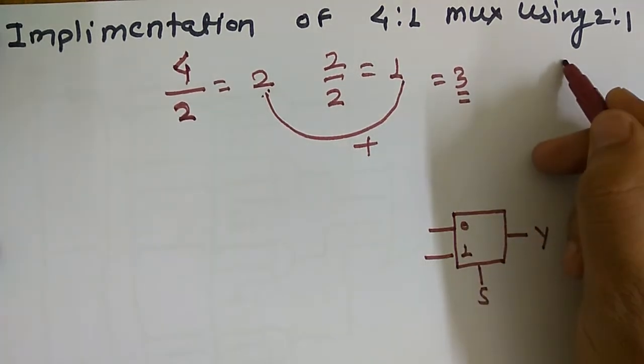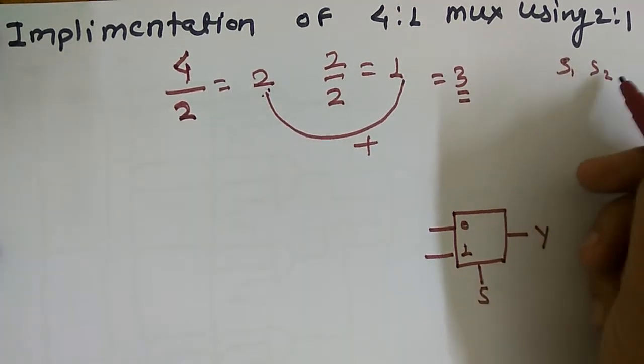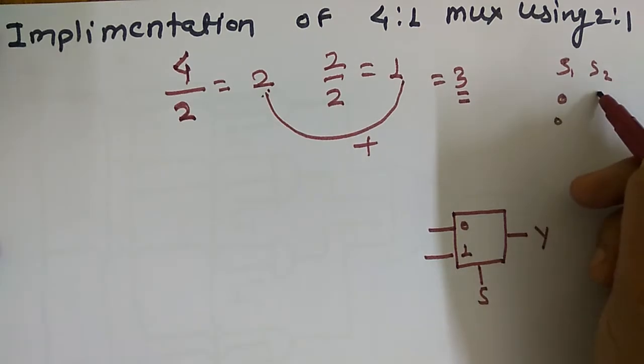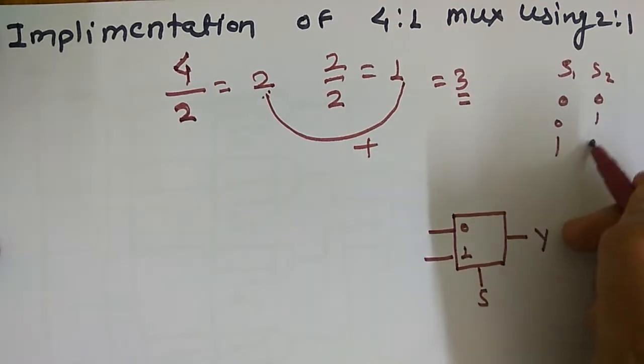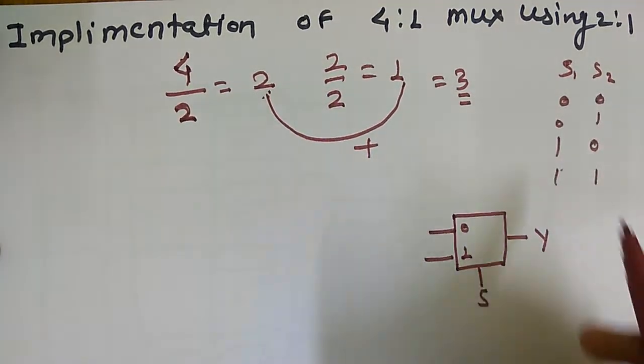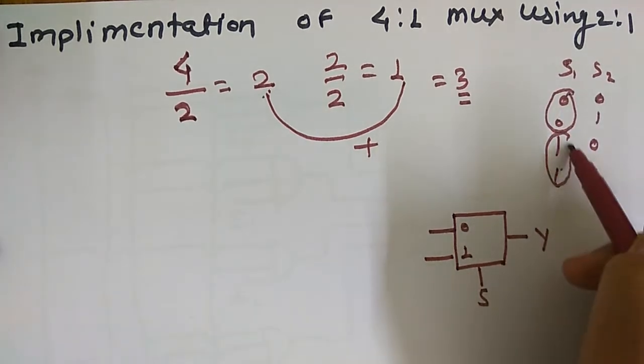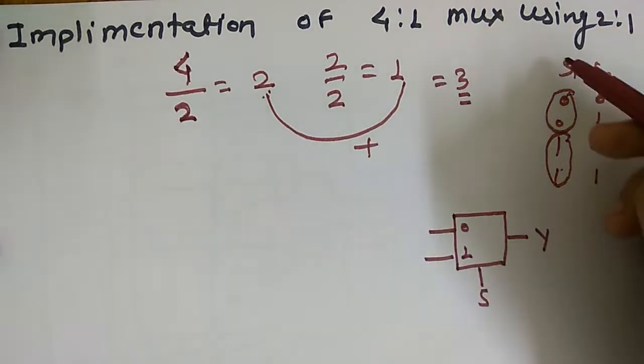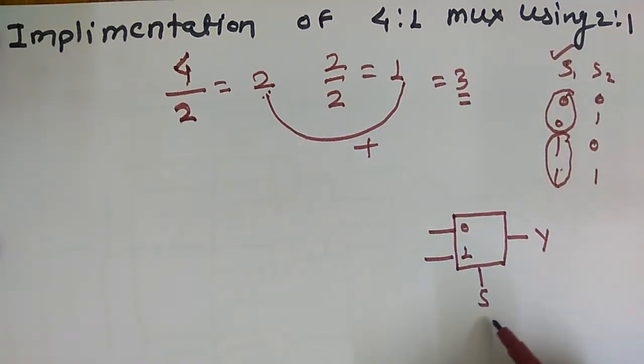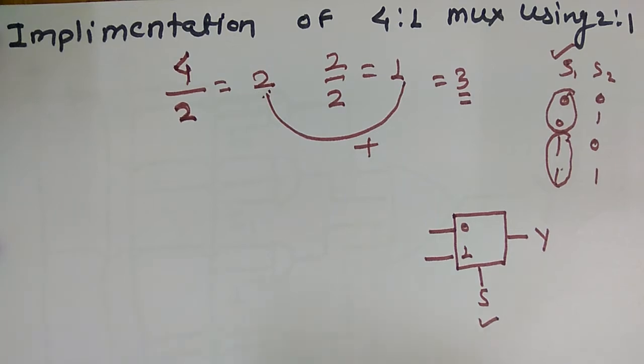So here some S1 and S0: 0 0, 0 1, 1 0, 1 1. So see that this one has only two states. So for higher order we will write here. I have taken S1 as higher, or you can take anything.